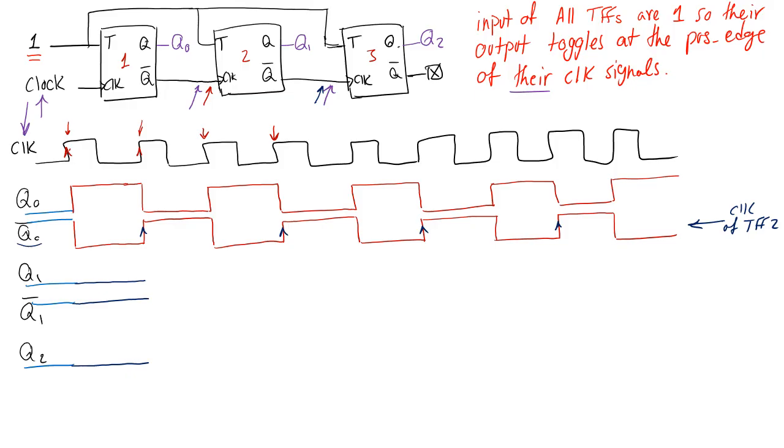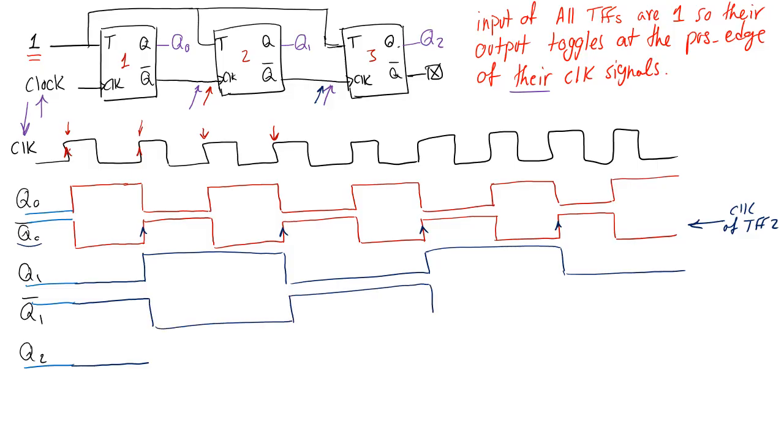Okay, so this means that I'm going to get a toggle here, a toggle here, toggle there, toggle here, and nothing else anymore. And similar to Q0, Q1 bar is just going to be not of Q1.